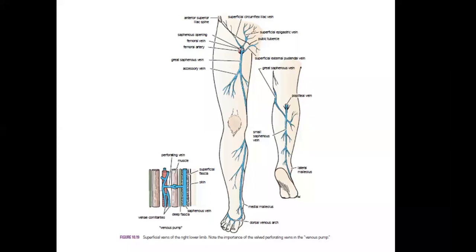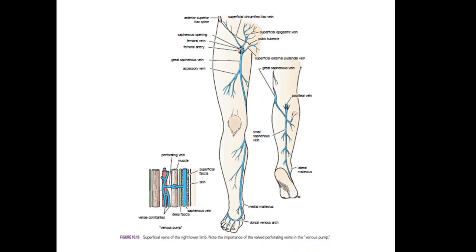So the great saphenous vein is very simple, arising from the medial aspect of the dorsal venous arch, passing in front of the medial malleolus, along with the saphenous nerve, ascends to the posterior aspect of the leg, reaches the posterior aspect of the knee, then curves to the medial aspect of the thigh at the lower thigh.